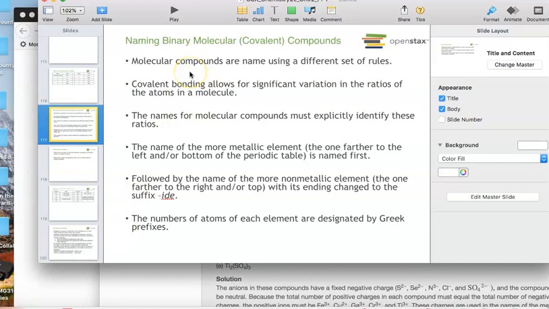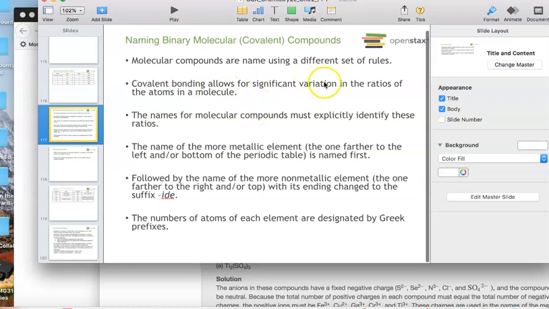Okay, so with molecular compounds, we're using a different set of rules. The atoms are involved in covalent bonding, which is the sharing of electrons. There is a significant variation in the ratios of the atoms in a molecule, so you could have many atoms of one type of element bonded to a single atom of another. The names for the molecular compounds must explicitly identify these ratios.